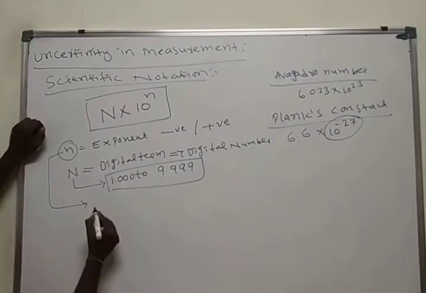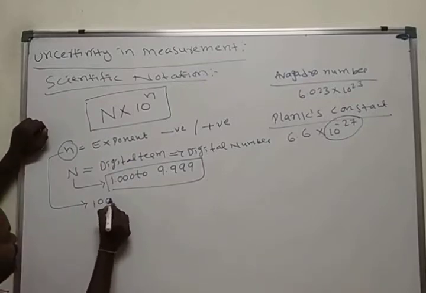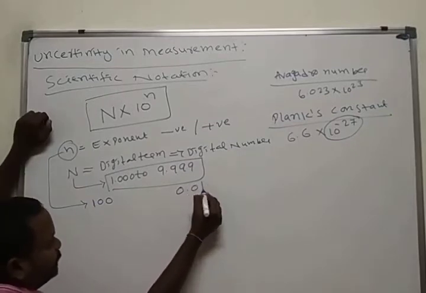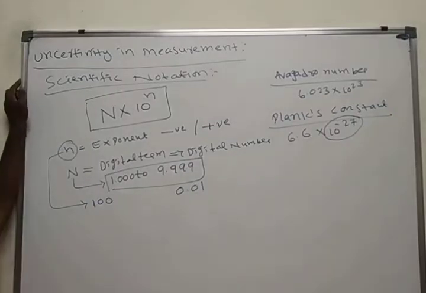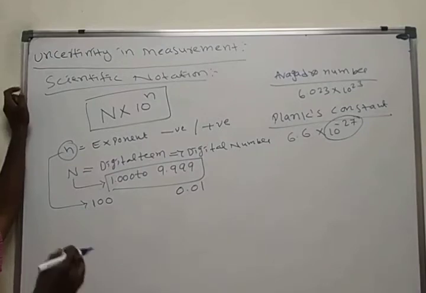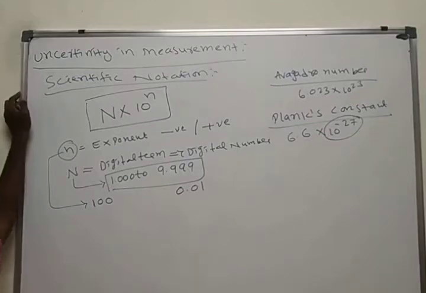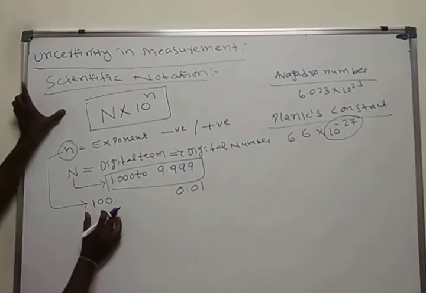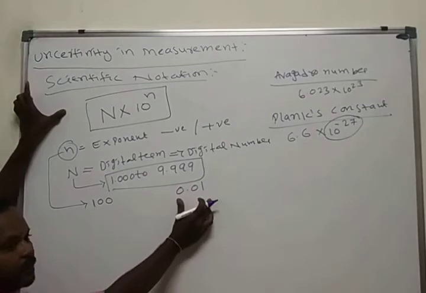For example, I am writing one number, 100. Here I am writing one more number, 0.01. These are the numbers we observe during calculation. Write the scientific notation of 100 and of 0.01.